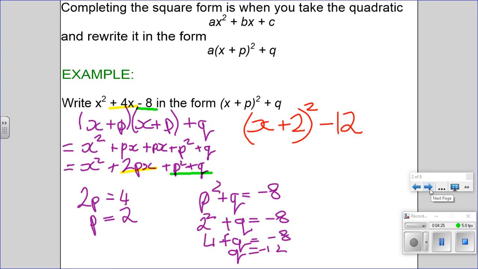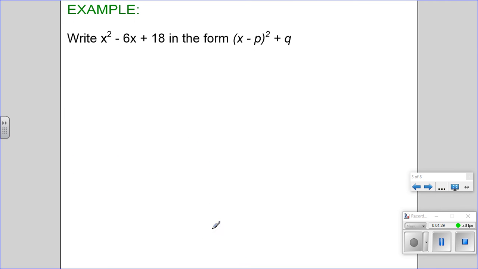Okay, right, so let's move on and take a look at another one. So we've got to write x squared minus 6x plus 18 in the form (x minus p) all squared plus q. Okay, right, so again, I'm going to multiply this out, and I'm going to have (x minus p) times (x minus p) plus q.